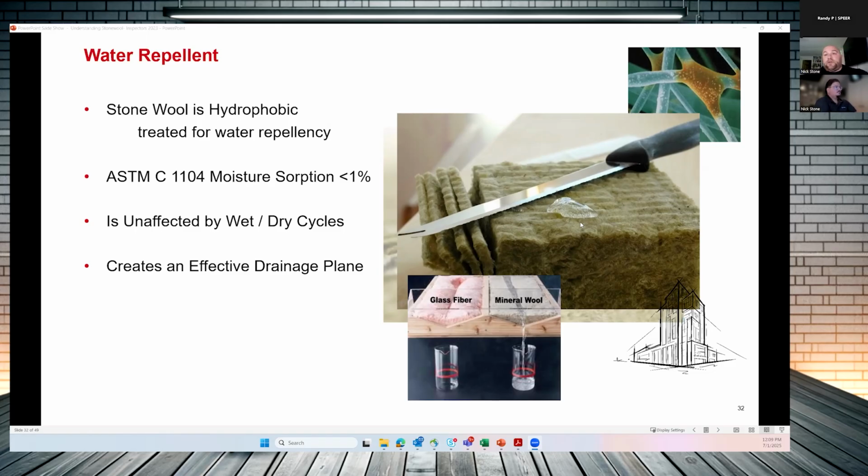That shows you some of the flexibility you have when you have material that dries very quickly and doesn't have issues with mold or mildew within the system.